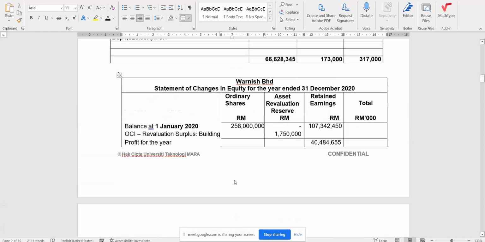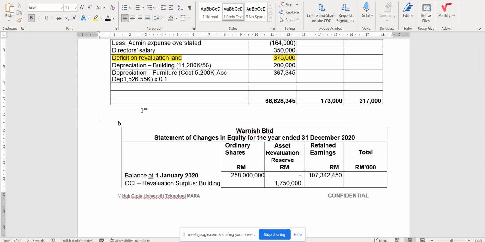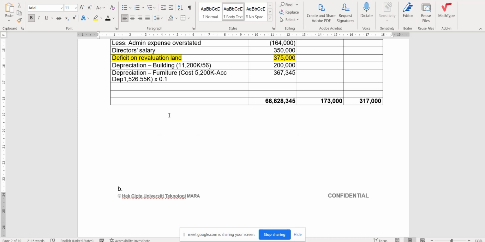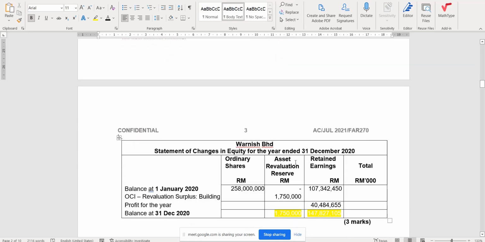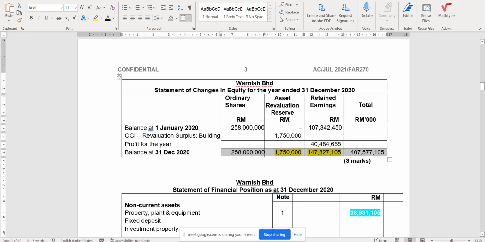Next is the item. Okay, I'm moving it down. Next is the item. What is the total at the end of the year? The total at the end of the year would be this total.